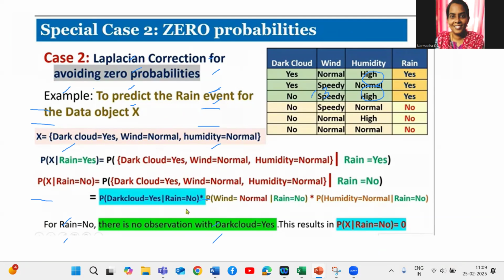Multiplying 0 with any other value gives simply 0. To avoid that, you can add a smoothing value, maybe +1, so that no event is assumed to have a 0 probability.